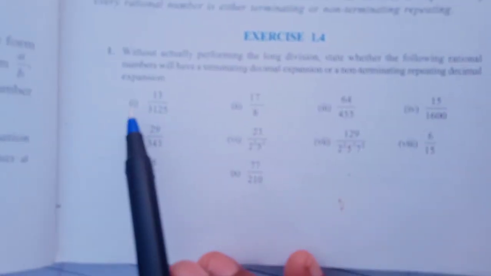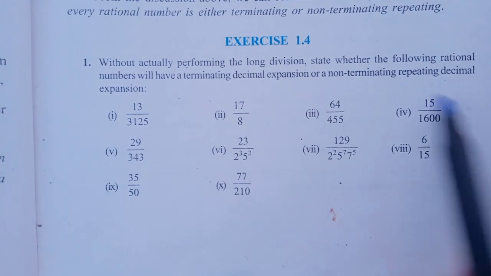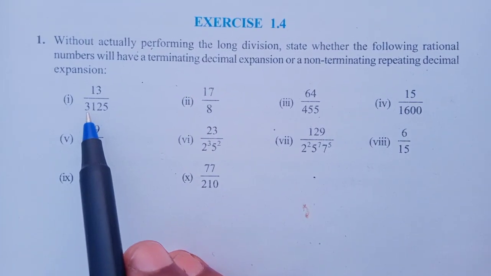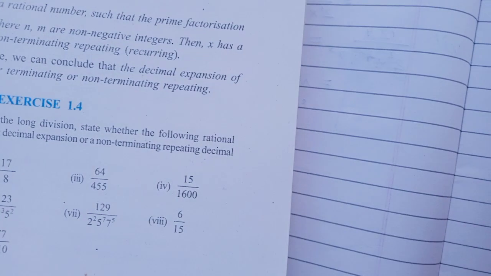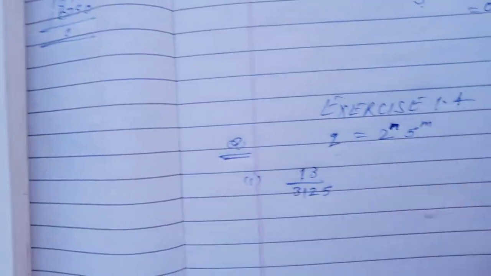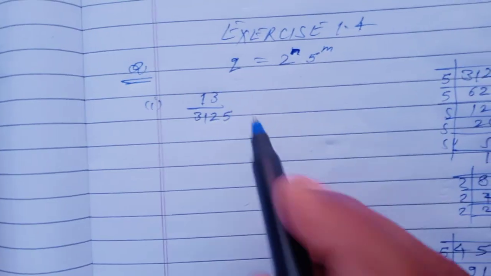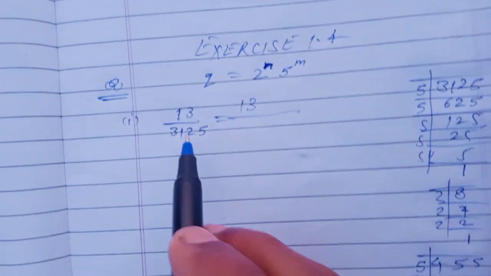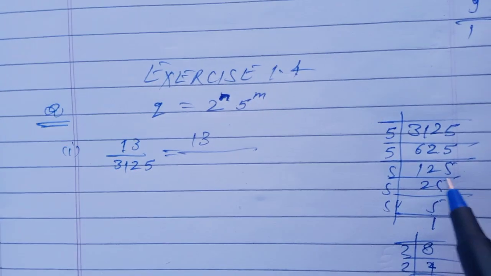Question 1. First, you have to write all these questions. First, 13 upon 3125. First, 13 is a prime number. Find the prime factors of 3125.